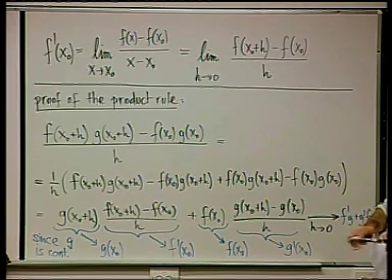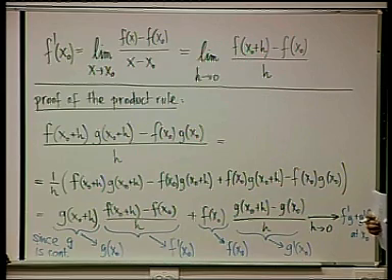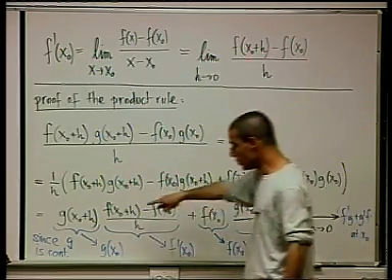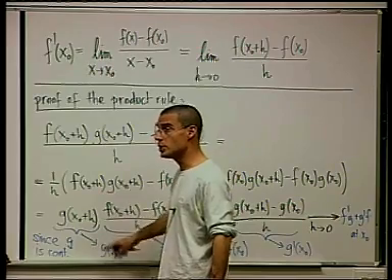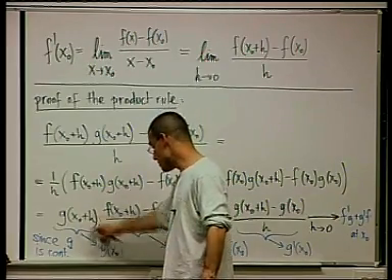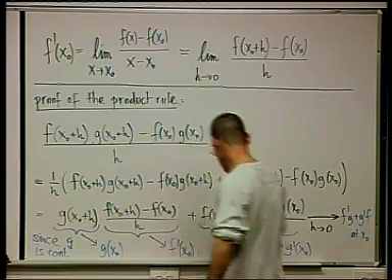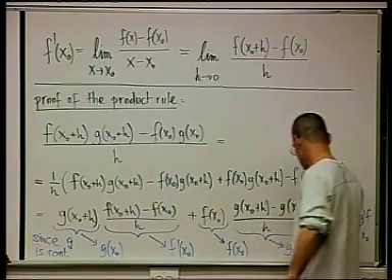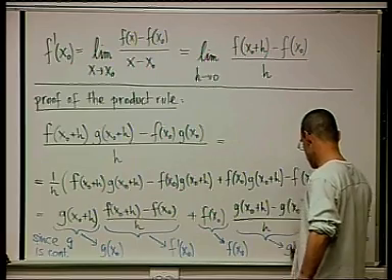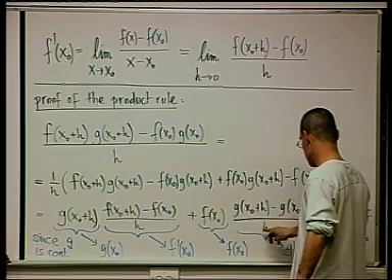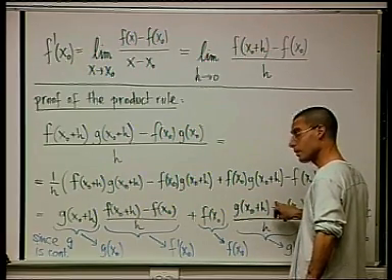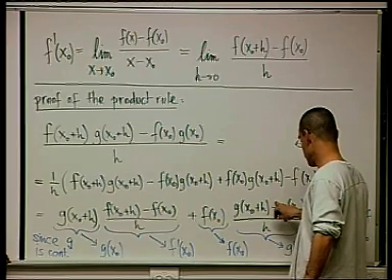Questions? Yes? Could you say that g of x0 plus h goes to g of x0? Right? This is true only because we know that g is continuous. Otherwise, this would not necessarily be true. Why up in the numerator, why don't we say that g of x is also g of x0?